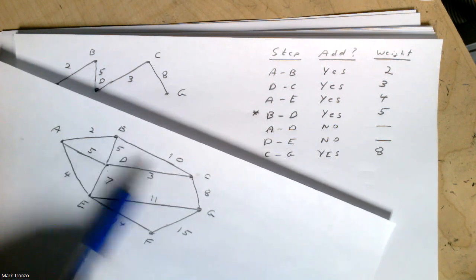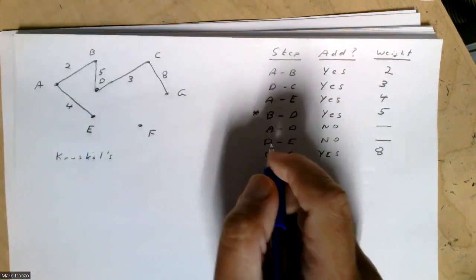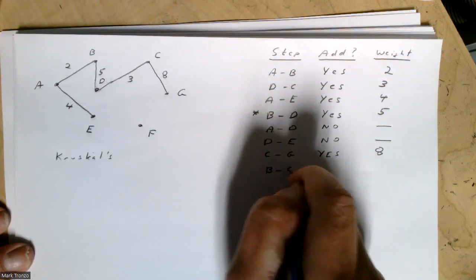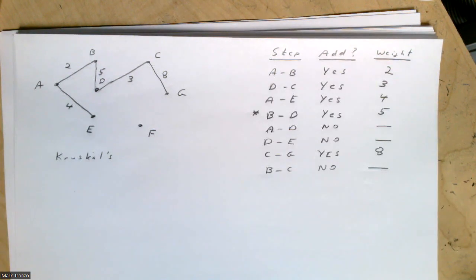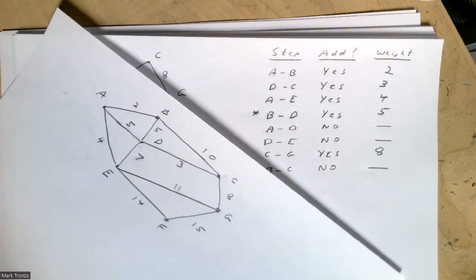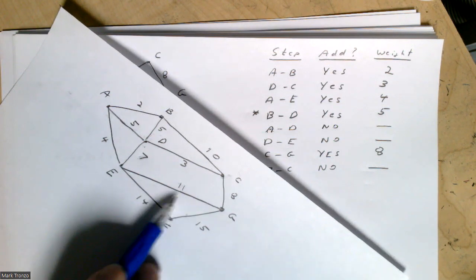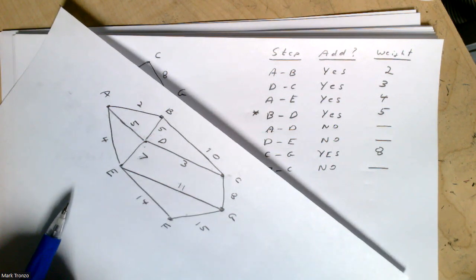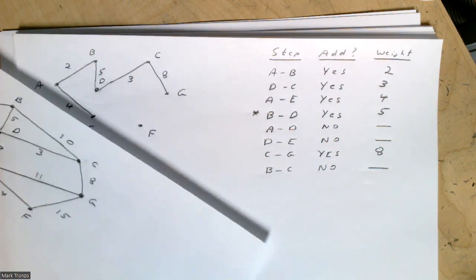And then what's the next one? Looks like BC is next, but notice that'll cause a circuit. Next one looks like it's going to be EG.